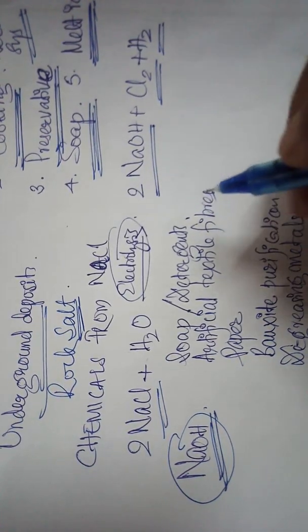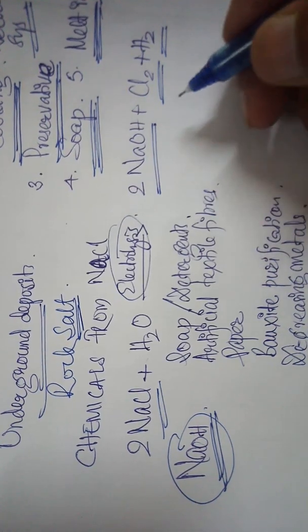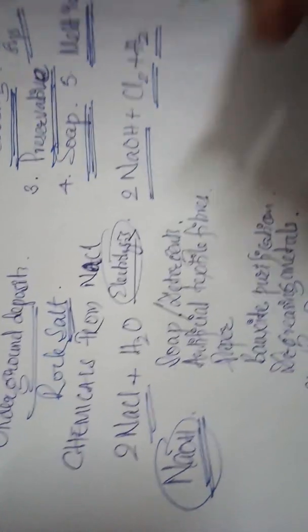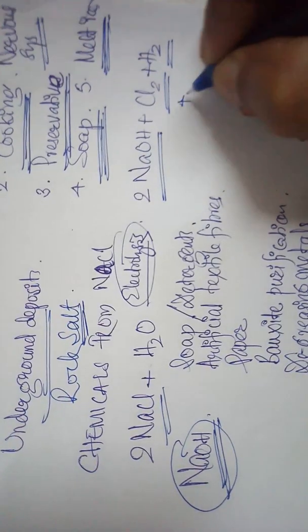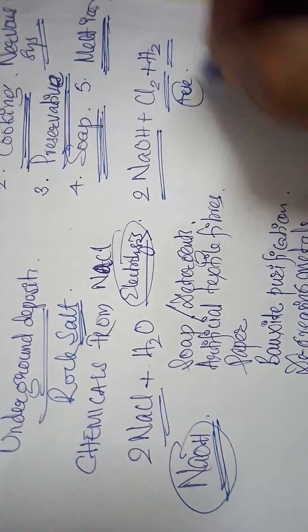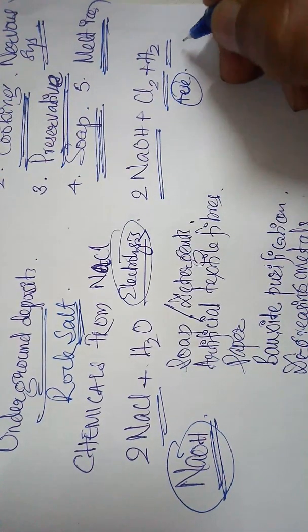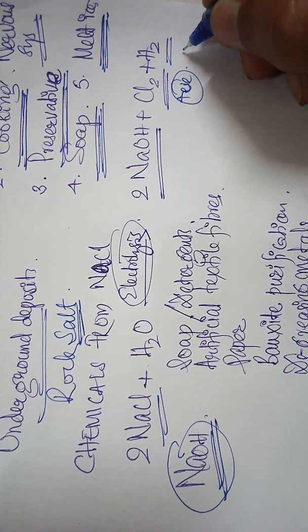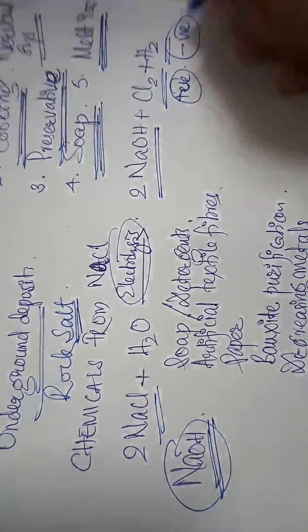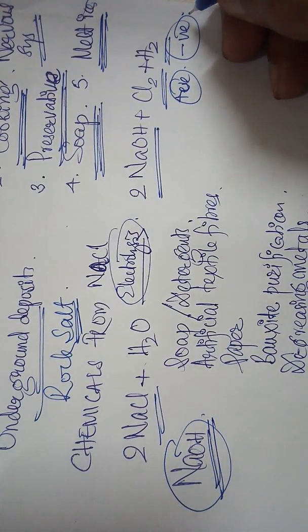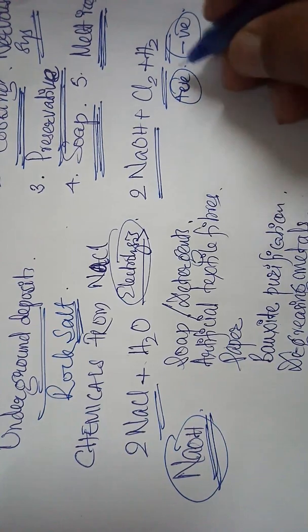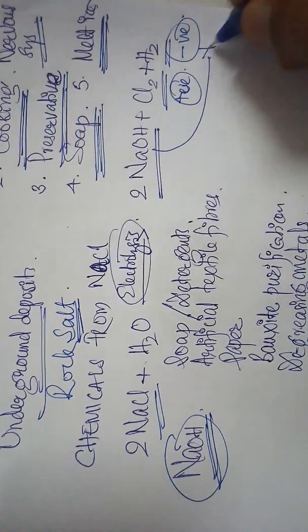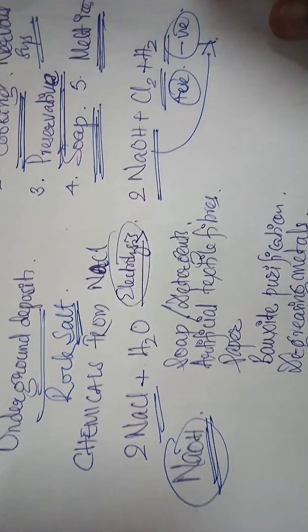During electrolysis, chlorine gas is produced at the anode, that is the positive electrode, and hydrogen gas at the cathode or negative electrode. Sodium hydroxide solution is formed near the cathode.